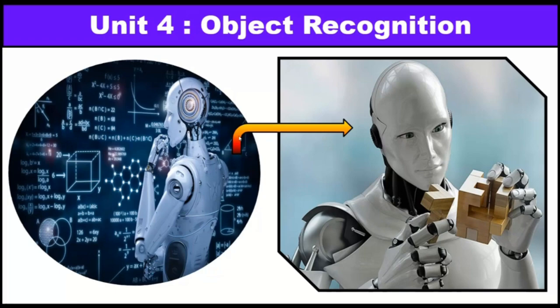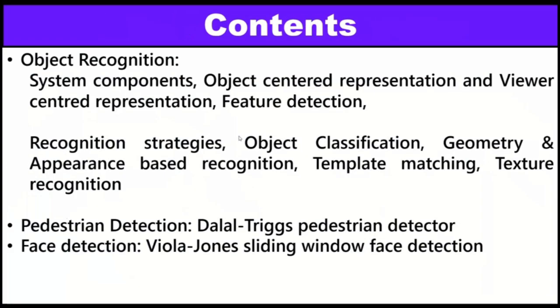We are starting with Unit number 3, object recognition. In this unit, we are discussing the object recognition process in detail. We'll discuss the different system components, object-centered representation, viewer-centered representation, then the process of feature detection.